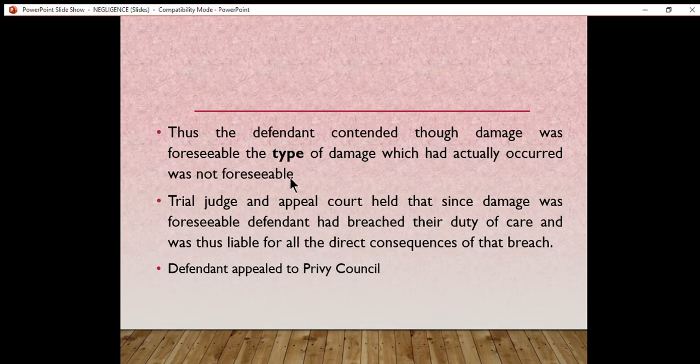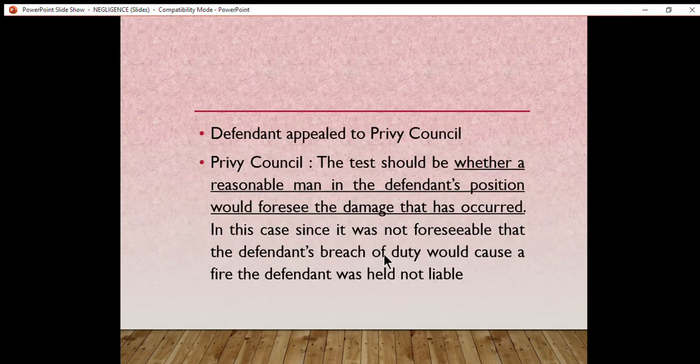So at the appeal court, the judges decided that the defendant had breached their duty because they foresaw that the damage would happen. And then the defendant appealed to the Privy Council. At the Privy Council, it established the test of whether a reasonable man in the defendant's position would foresee the damage that has occurred.